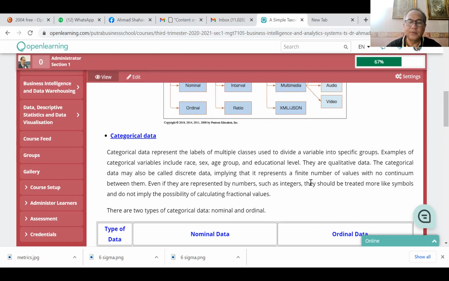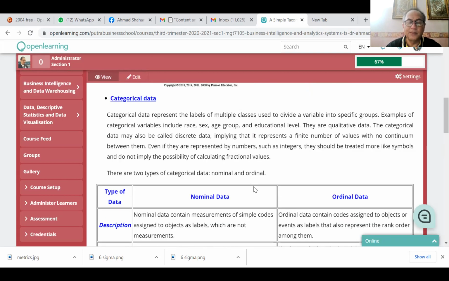Even if they are represented by numbers such as integers, they should be treated like symbols. For example, your matrix number, or our IC number, it is integers, but it is treated as symbols, not numbers.